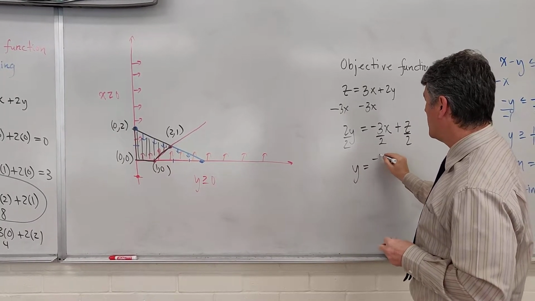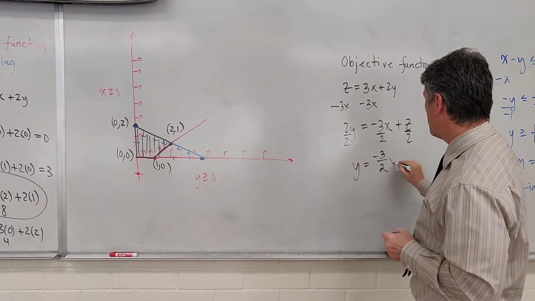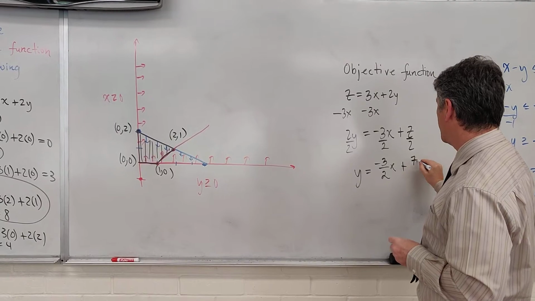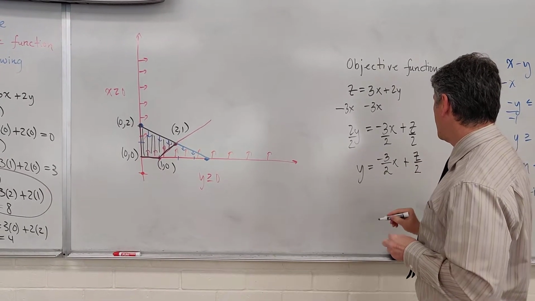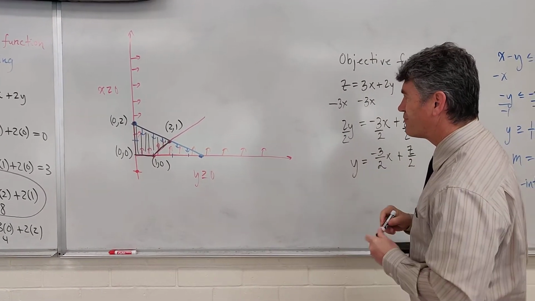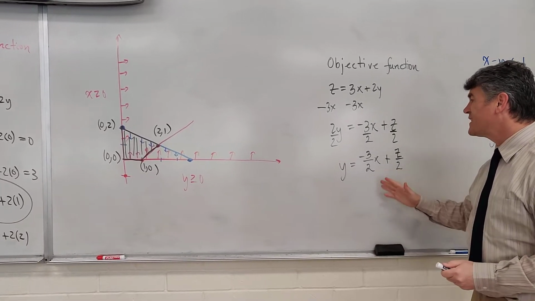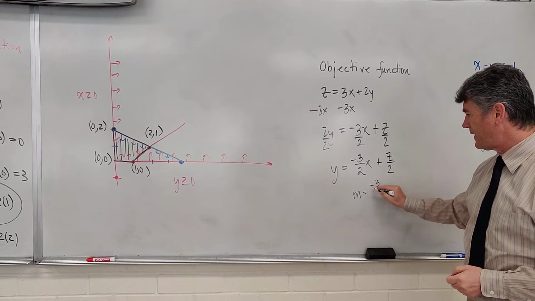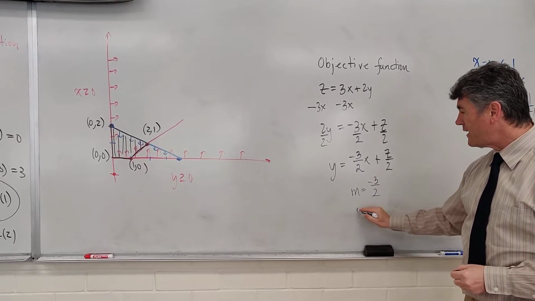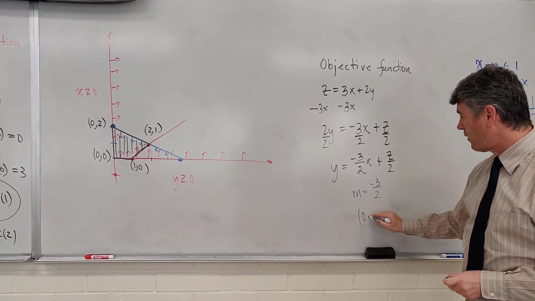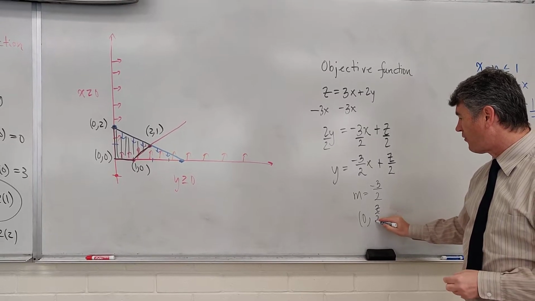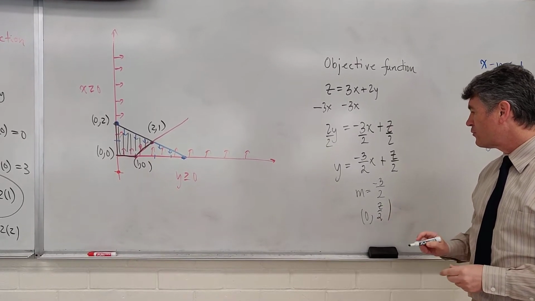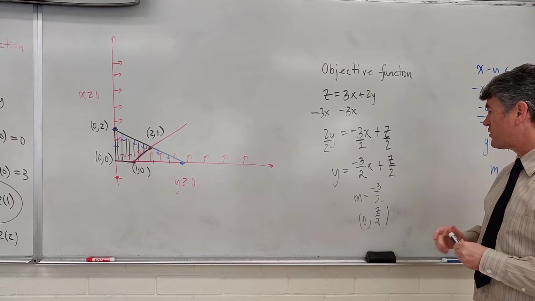Y is equal to negative 3 over 2x plus z over 2. So what is this? This is a line. The slope of this line is negative 3/2. The y-intercept is 0, comma, z over 2. How many such lines are there?